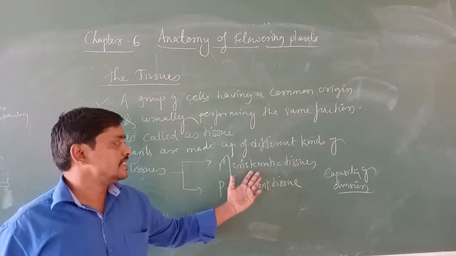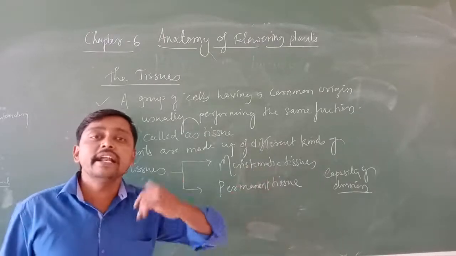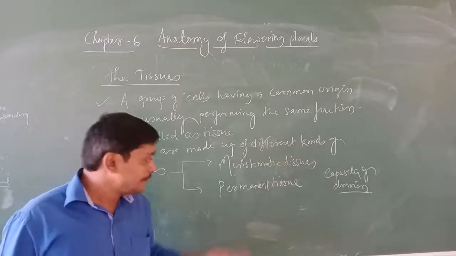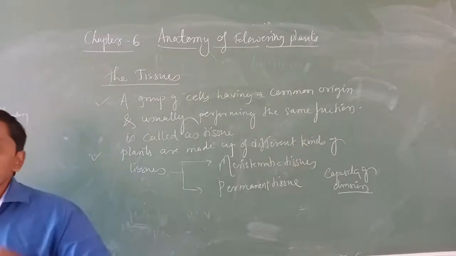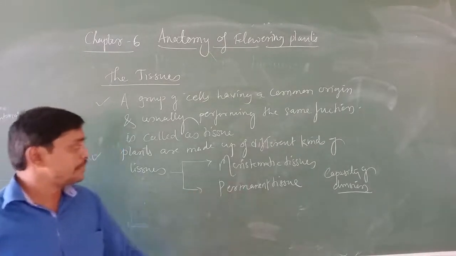Meristematic tissue, in the sense, the cells in the tissue which are capable of dividing and redividing continuously. In permanent tissue, the cells stop their dividing nature. That is the difference between the meristematic tissue and permanent tissue.